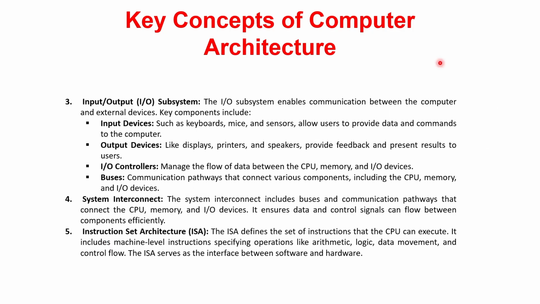Okay, the third key concept of computer architecture is the input and output subsystem. The I/O subsystem enables communication between the computer and external devices. So, input devices such as keyboards, mice, and sensors allow users to provide data and commands to the computer.